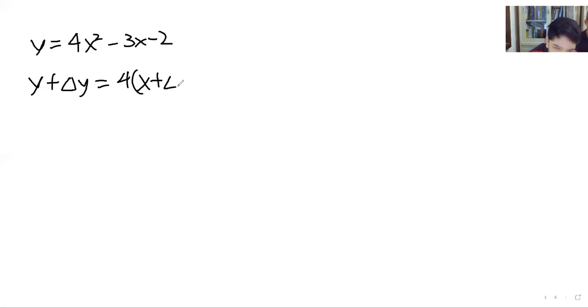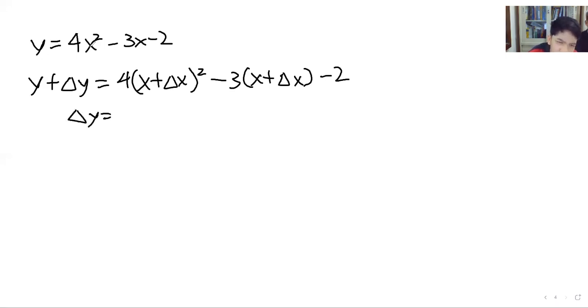4 times x plus delta x, and so on. Same as usual, but now we can again substitute this y for this.